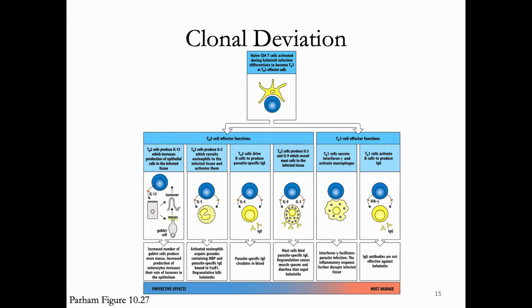And so the mechanism of tolerance here is that the immune system is producing the cytokines to push you towards a protective response and not towards a damaging response. So the immune response is deviating more towards a protective type response based on cytokines that are being produced, as opposed to a damaging type of response.